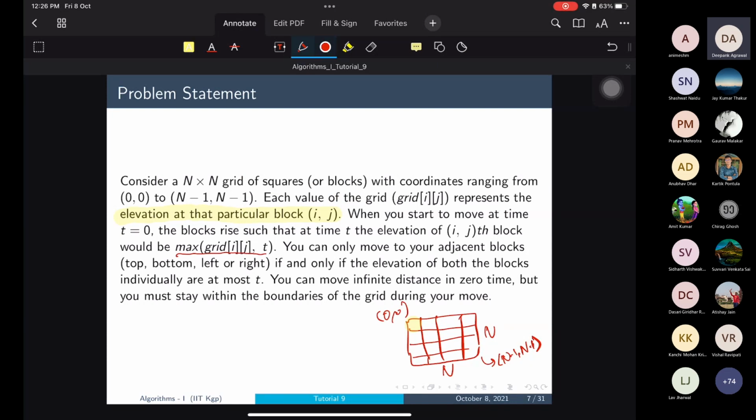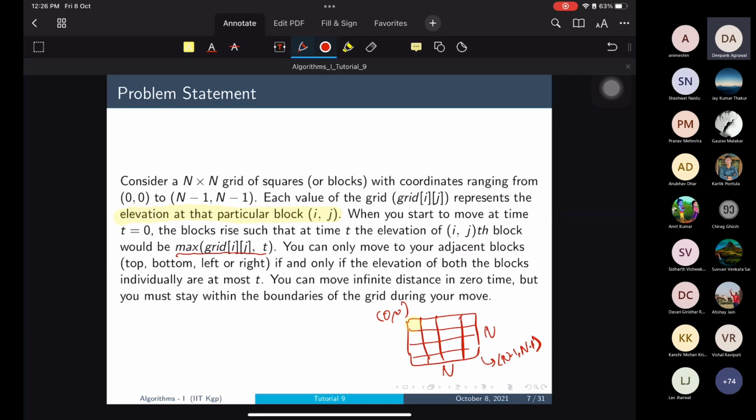You can only move to your adjacent blocks, top, bottom, left or right. I will come to this in a second. You can move if and only if the elevation of both the blocks individually is at most t.